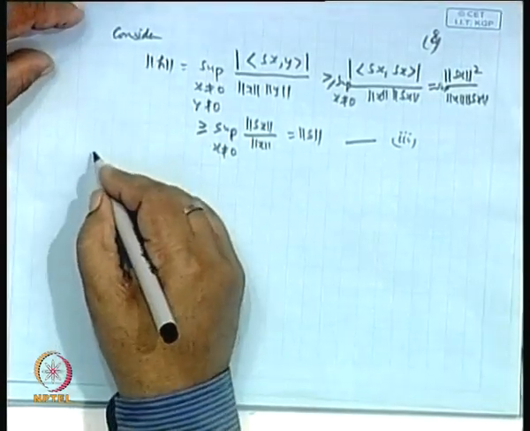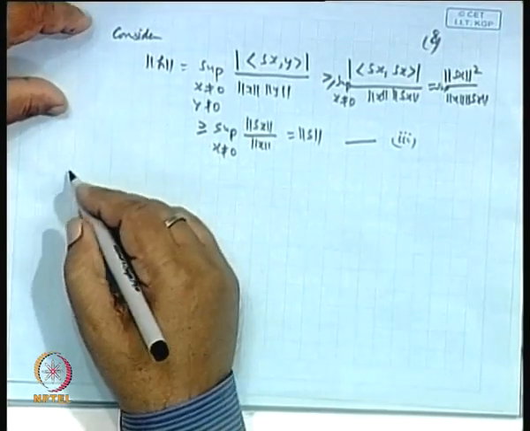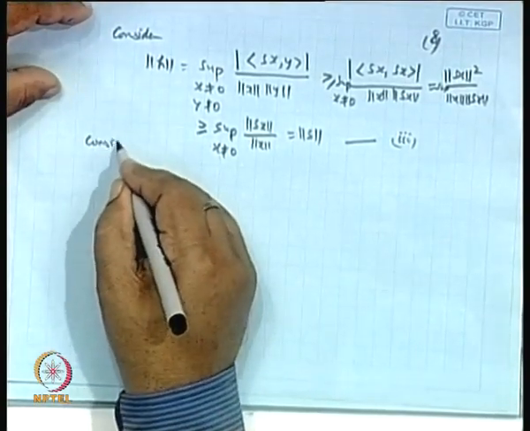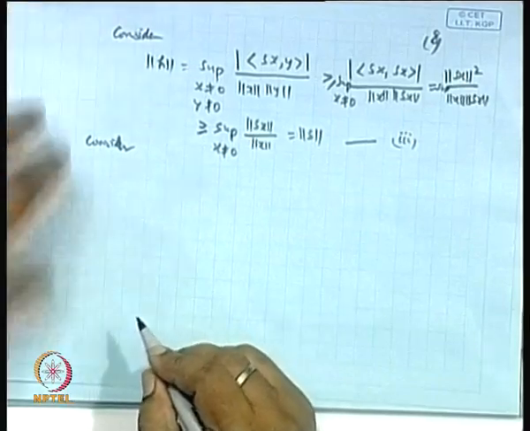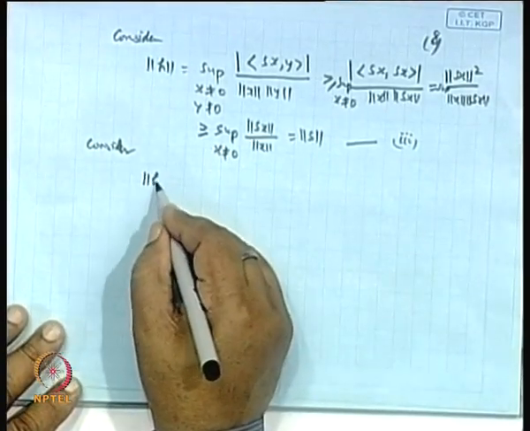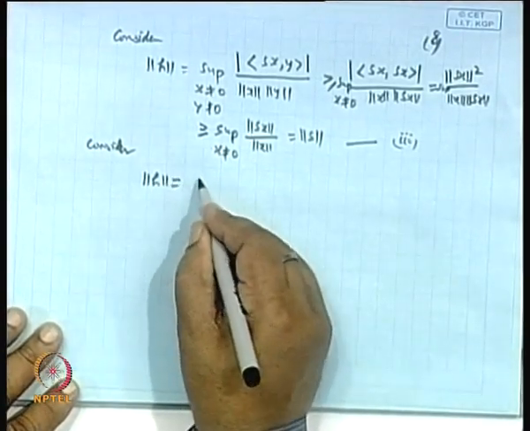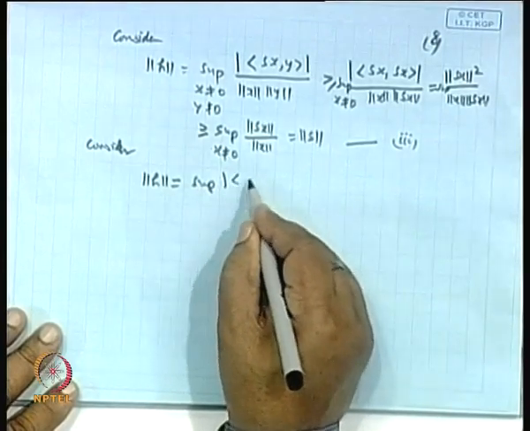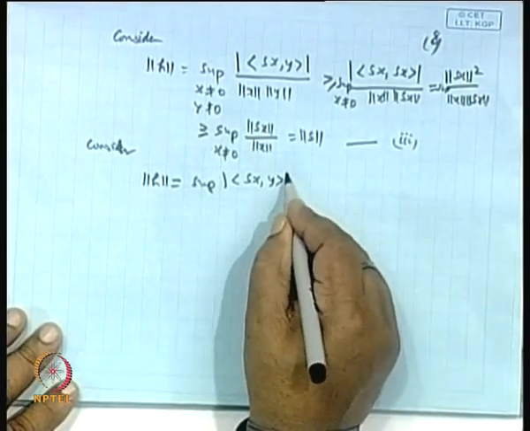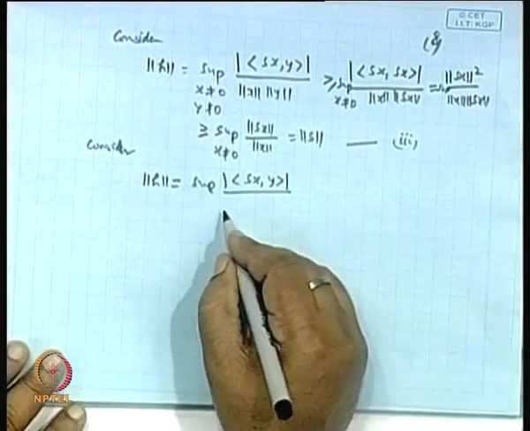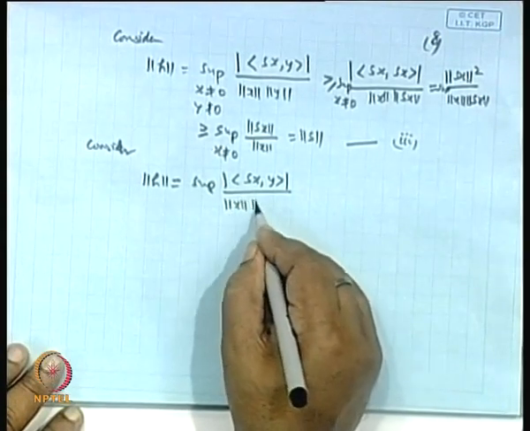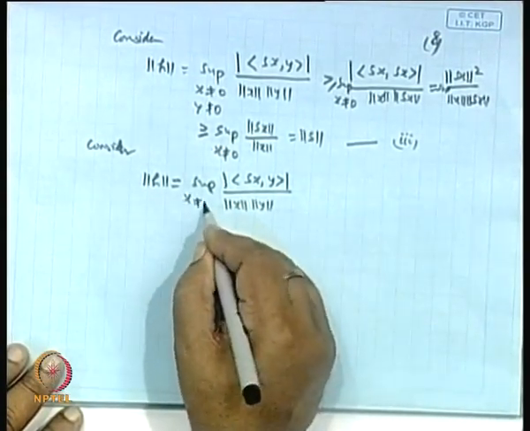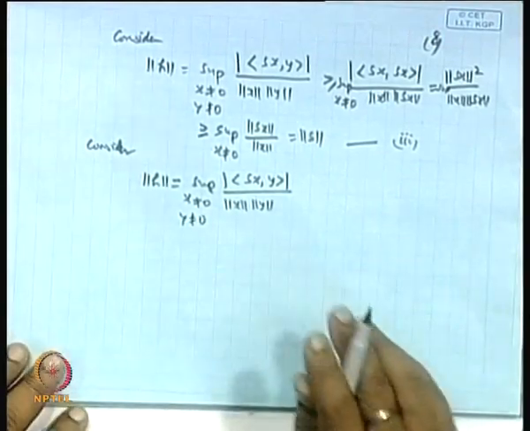To see the reverse inequality, consider again norm h, which is equal to the supremum by definition of inner product ⟨Sx, y⟩ over norm of x, norm of y, x is not equal to 0, y is not equal to 0.